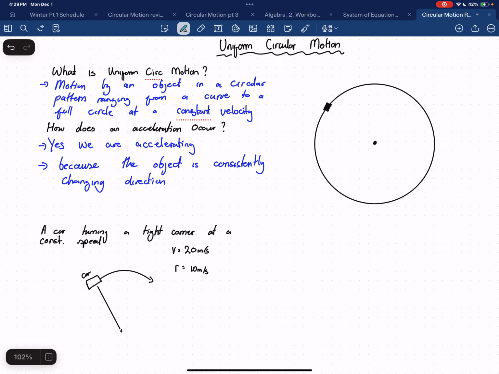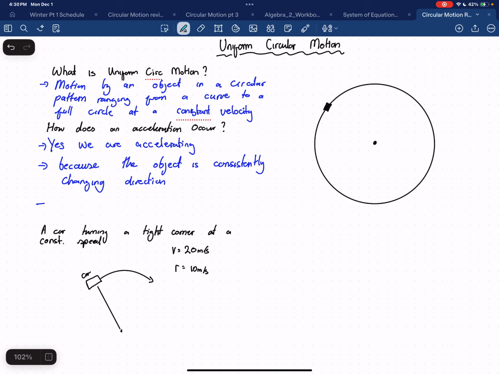So if the direction is changing, that means the velocity is changing too, and the change of velocity becomes what? It becomes acceleration. So yeah. Okay, so now it's a simple problem here.